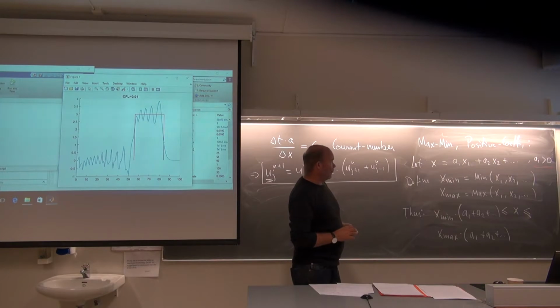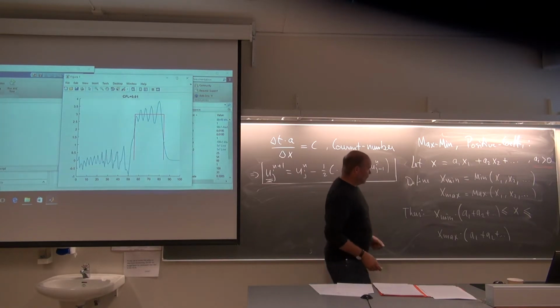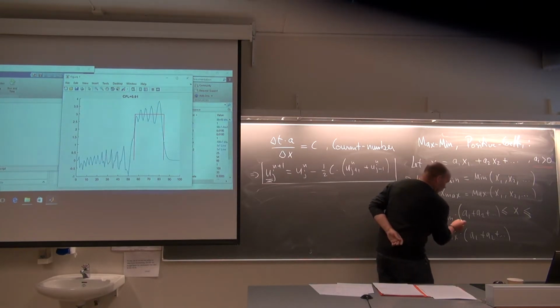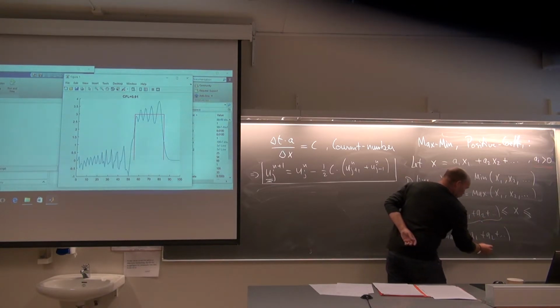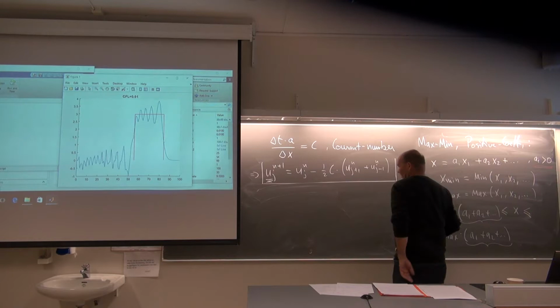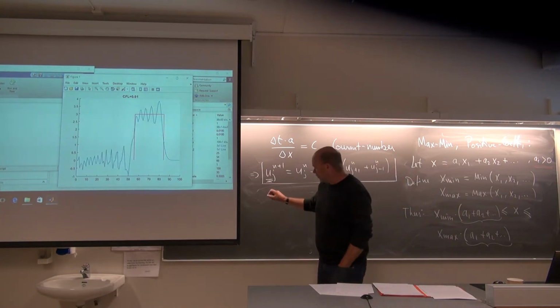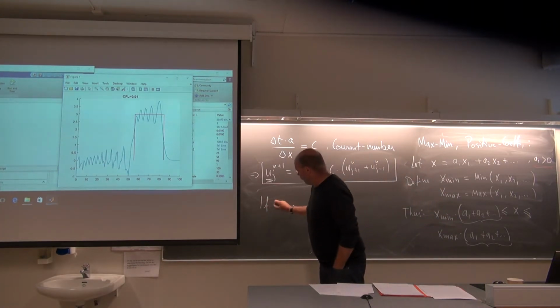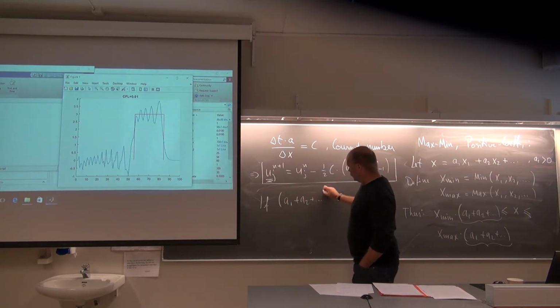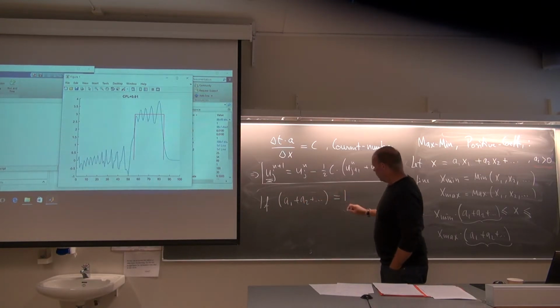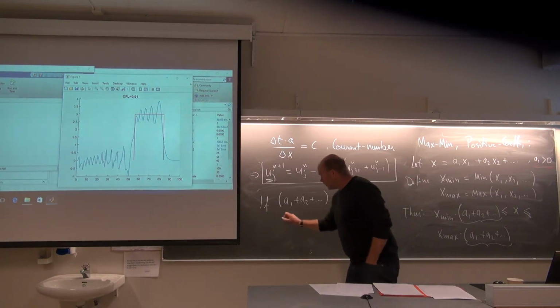And then we have another if sentence. If now the sum of all these coefficients equals 1, and that happens frequently actually, so if a1 plus a2 plus all the coefficients equals 1, then we can write the following.